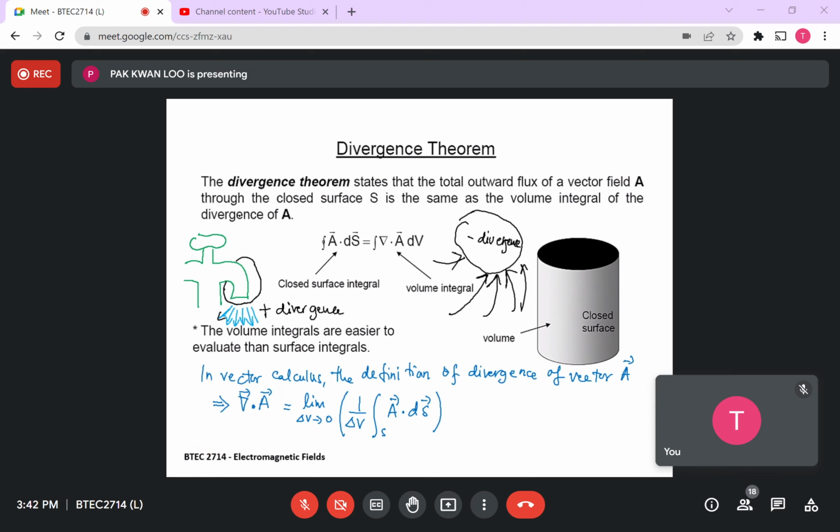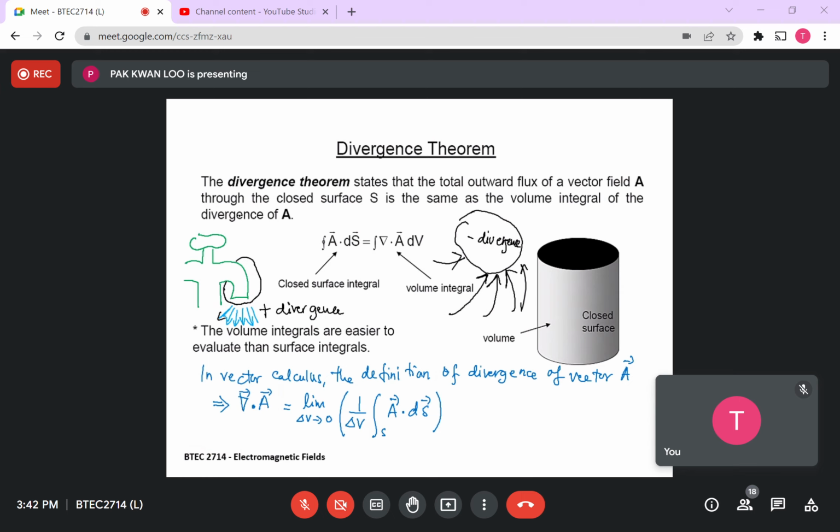So what if the entire volume shrinks to a dot, shrinks to zero? That means that is your point source, right? That represents a point source. It's a bit difficult to imagine.